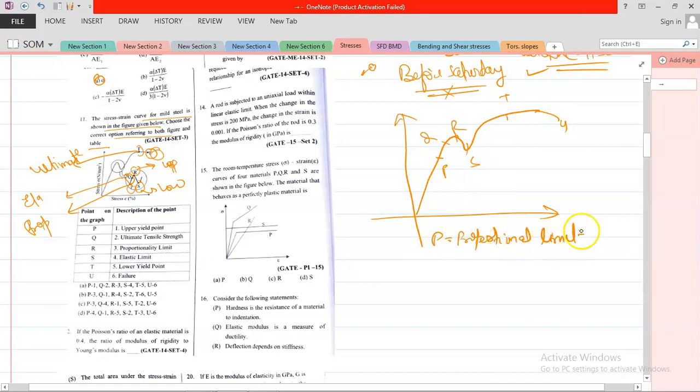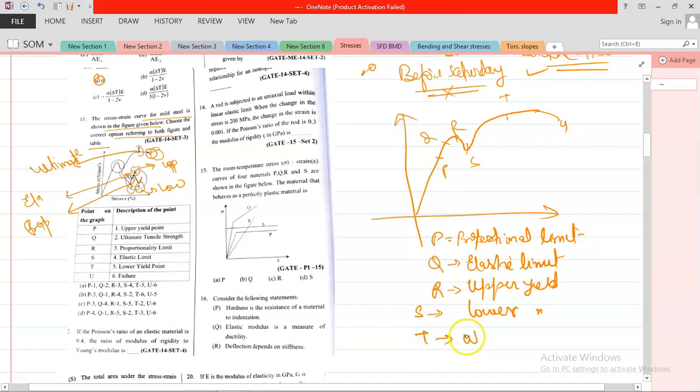Your Q is the elastic limit. Your R is the upper yield point, and your S is the lower yield point. Your T is the ultimate strength. Now your U is the fracture strength.